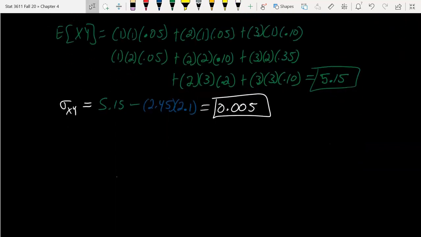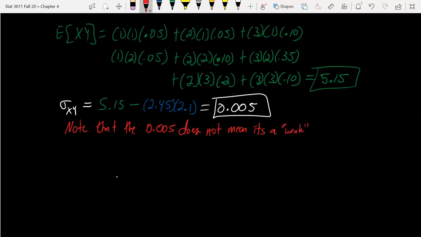Good. So what do we have here? In terms of a practical standpoint, what does this mean? What's the intuition behind saying covariance is 0.005? It's positive. It's a small number, but don't dwell too much on the size of this number, okay? I want to note that 0.005 being small does not mean it's a weak relationship.